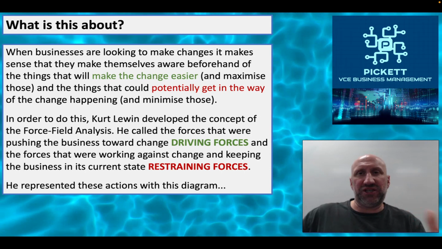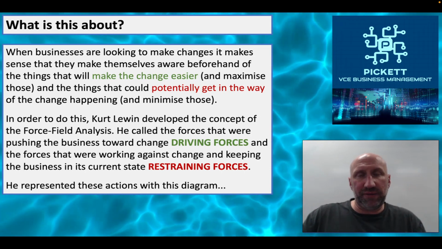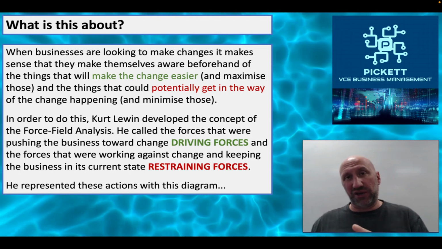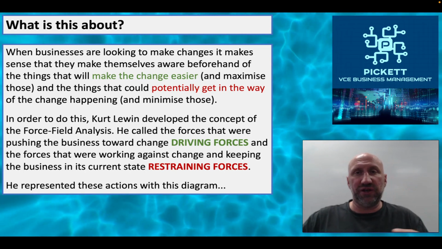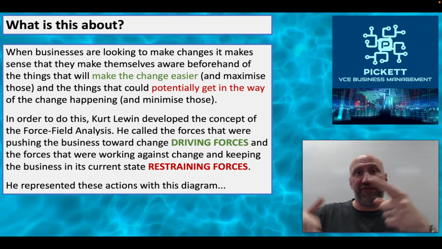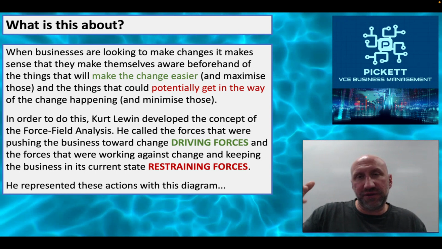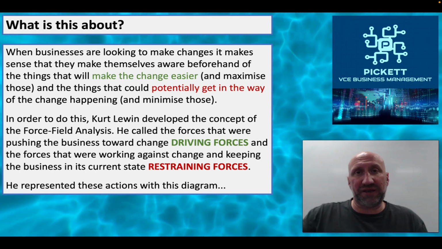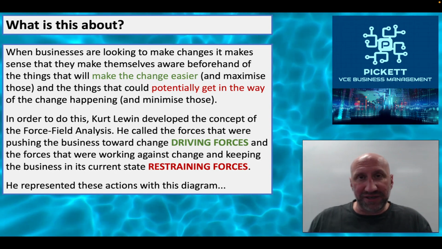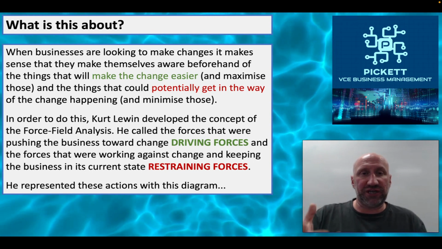So if you want to make change, there's going to be things that are going to smooth the way, make things easier, but there's things that are going to block the path of that change. So all this theory is saying, you want to be aware of both sets of things, exploit the things the most you can that are going to make the change easier, and somehow manage to overcome the things that are going to make the change harder.